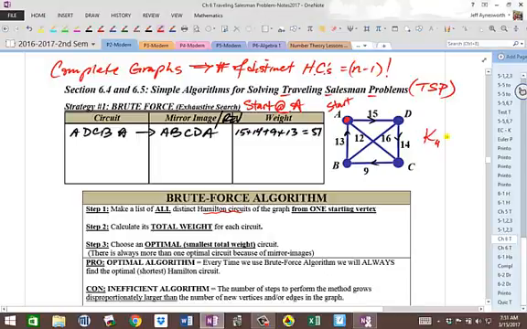Since n is equal to 4 here, it's 4 minus 1 factorial, that's 3 factorial, and that's 3 times 2 times 1, that's 6.